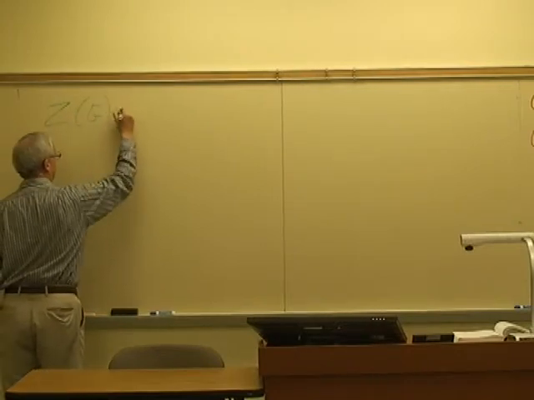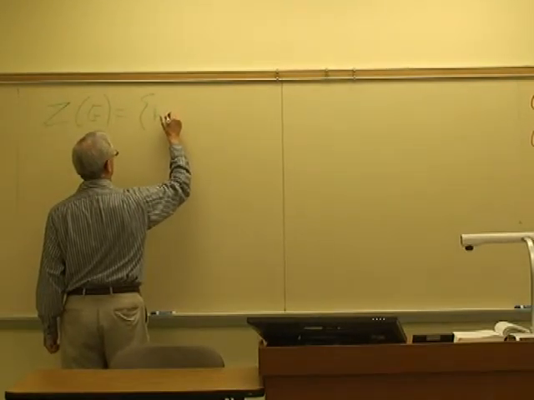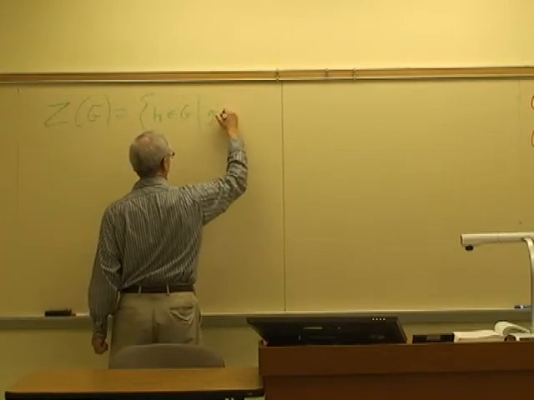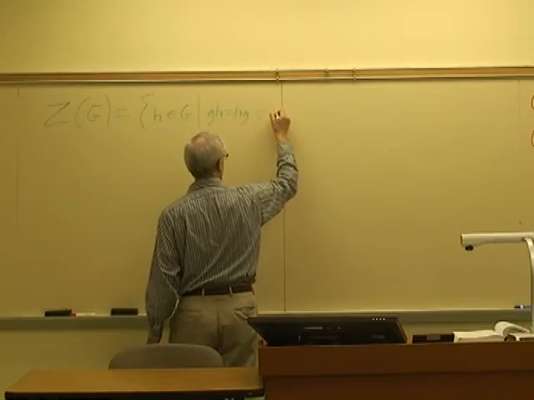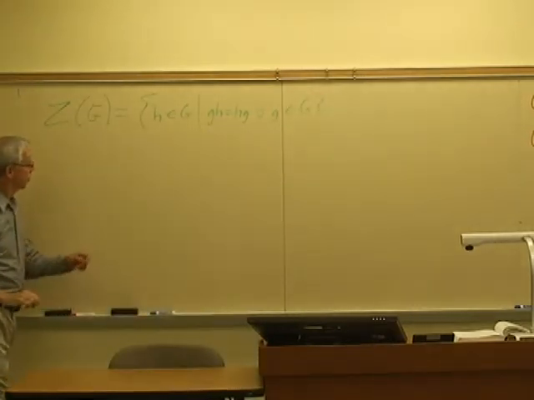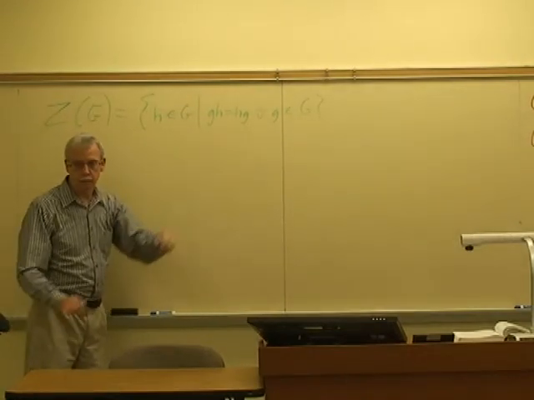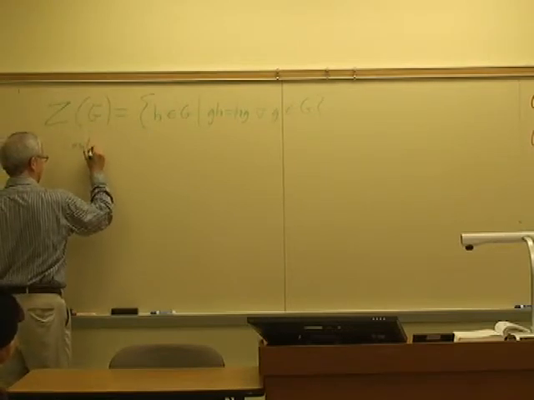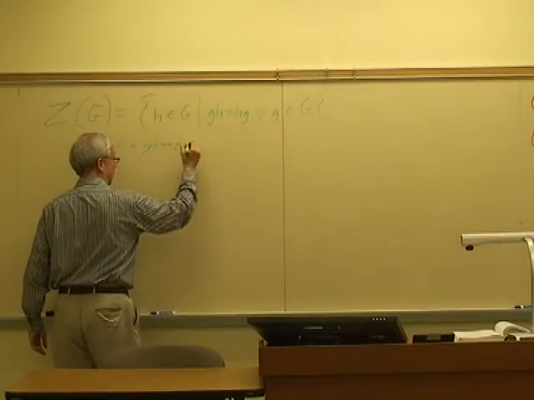If G is a group, Z of G is the set of all elements, let's call them H, in G such that GH equals HG. This is the set of all elements in the group that commute with every element in the group. It's called the center of the group. And we proved a little while ago it is a subgroup.